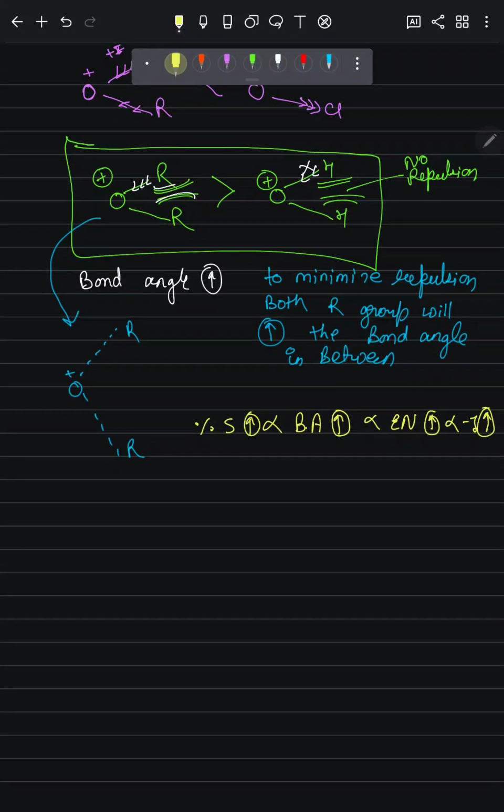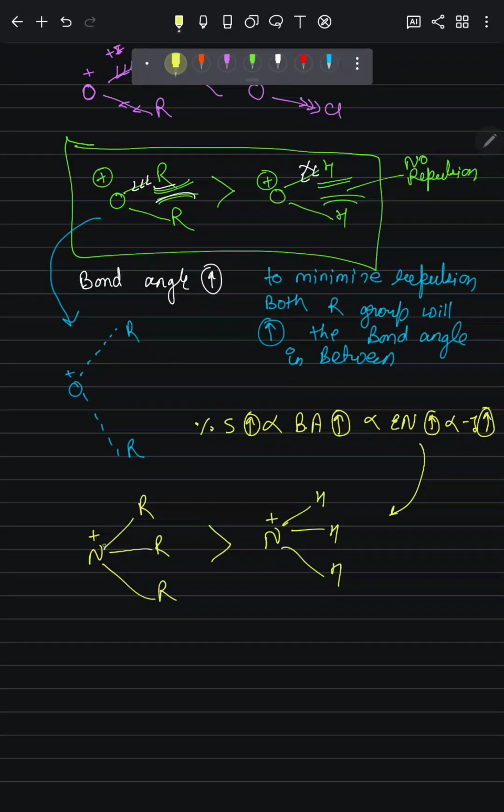Well, the same concept of repulsion is applicable in N plus with R, R, R, and in N plus with H, H, H. Here also, this group is more minus I favorable. The same reason is applicable here also.